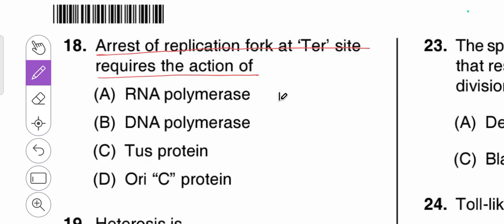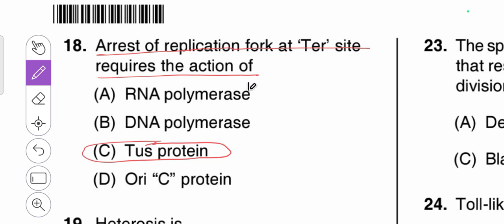This helicase will separate the strands. Then the continuous strand and the discontinuous Okazaki fragments get formed, where this ter site requires the action of the TUS protein.